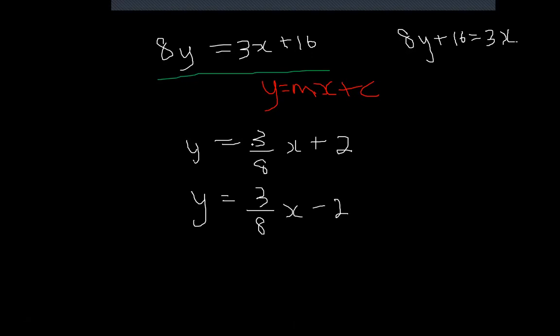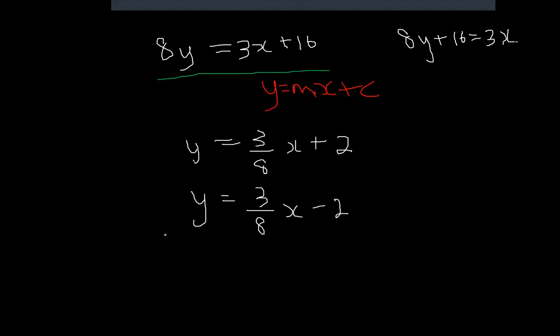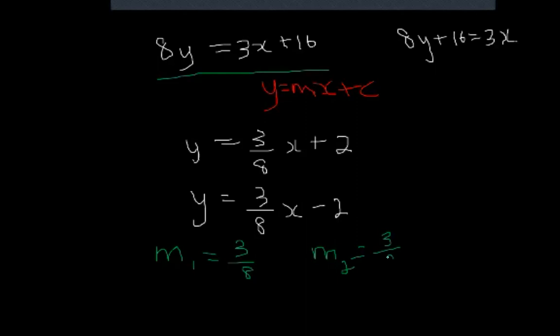Everybody understands how we did this, right? Yes, miss. All right. So what is my M1 and what is my M2? M1 is 3/8 and M2 is 3/8. So both of them are equal, right?